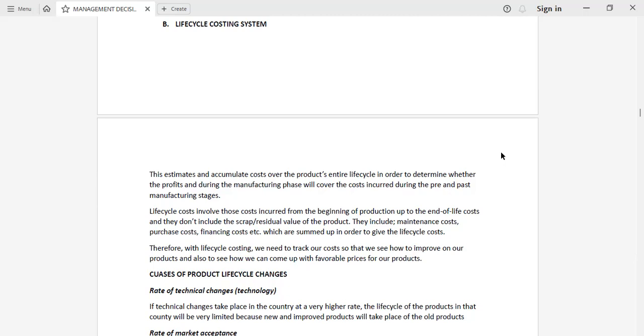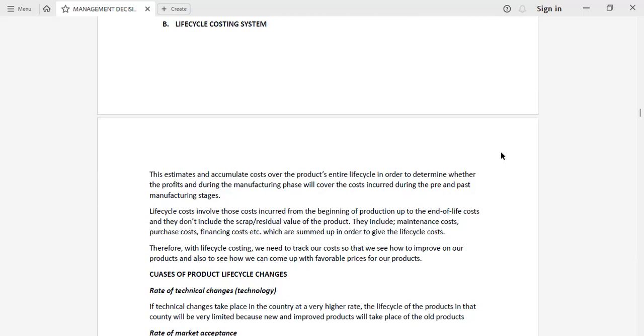If you fail to trace costs, you will not set the right selling price for your products, and therefore life cycle costing helps us trace all those costs incurred throughout the manufacturing phases until we get the finished product.